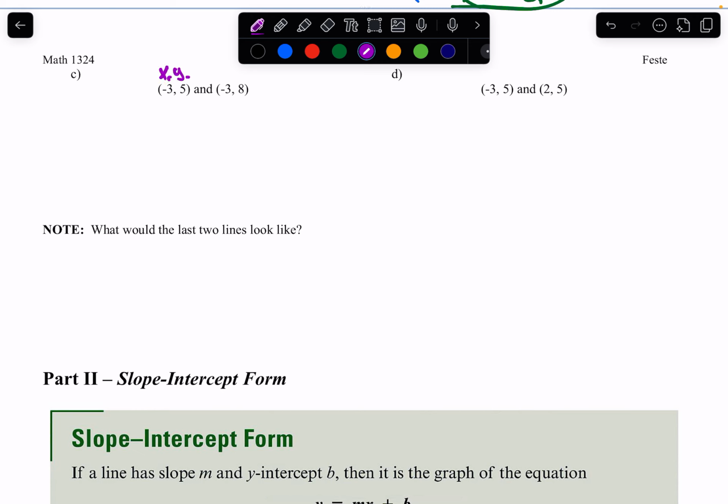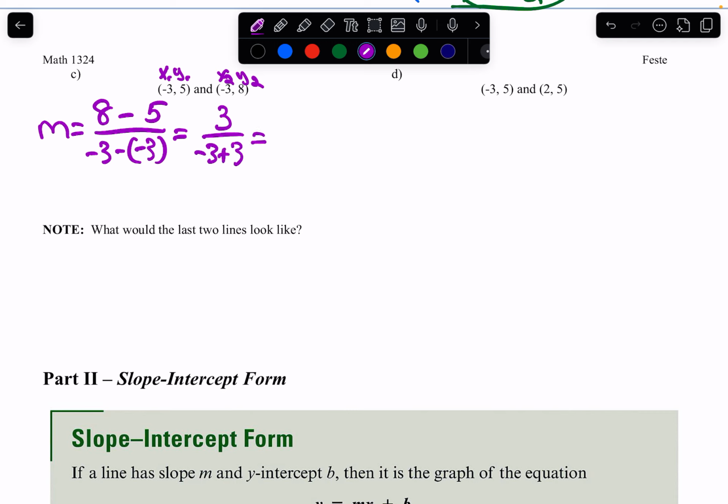So x1, y1, x2, y2. So again, y2 is 8, y1 is 5, x2 is negative 3, and x1 is negative 3. So 8 minus 5 is 3, negative 3 plus 3, well, over here we have a 0.